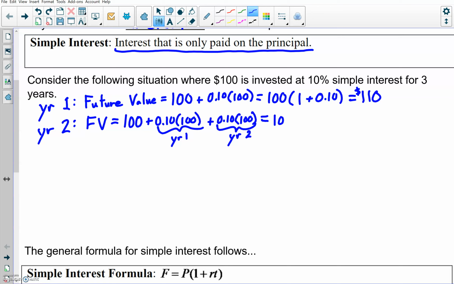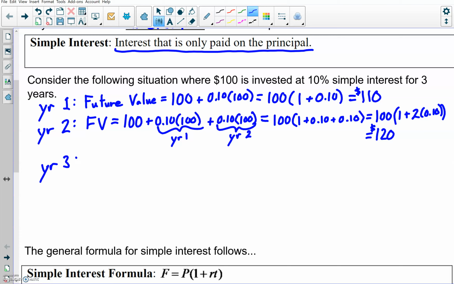So this will end up being 100 times 1 plus 0.10 plus the second one from the second year. I can really write this as 100 times 1 plus, since you've got two things that are the same, 2 times 0.10, an equivalent mathematical way to approach it. And we end up here with just $120. So I've earned another $10 in simple interest.